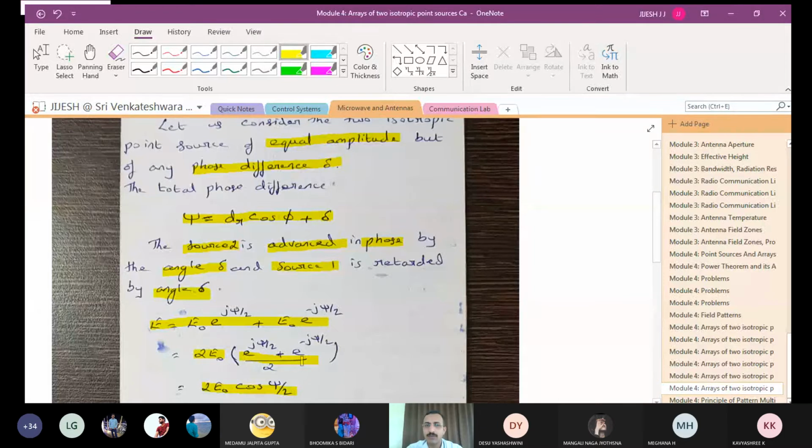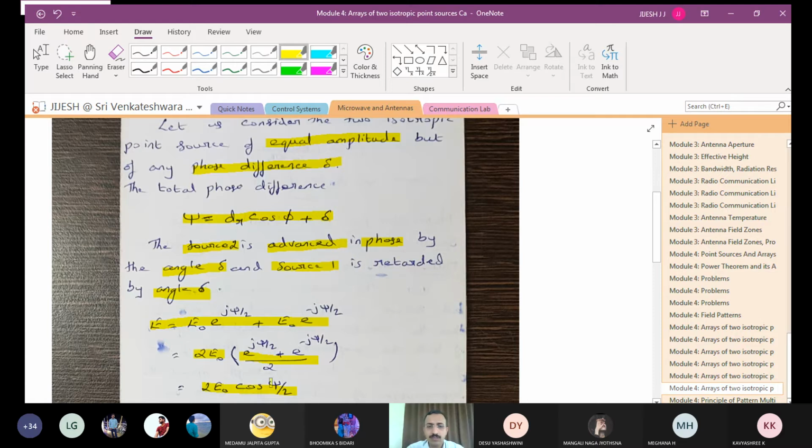We have equal amplitudes, but we are taking any phase difference. You are not specifying whether it is in phase, out of phase, or quadrature. It is a random phase, so any phase difference delta can be considered here.